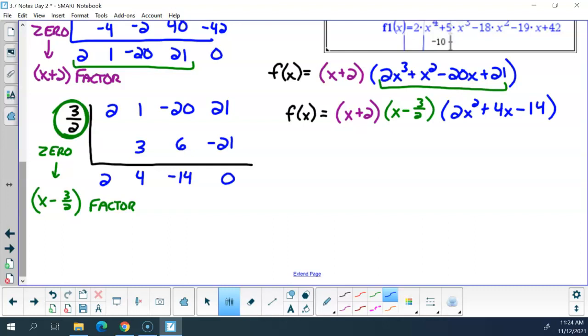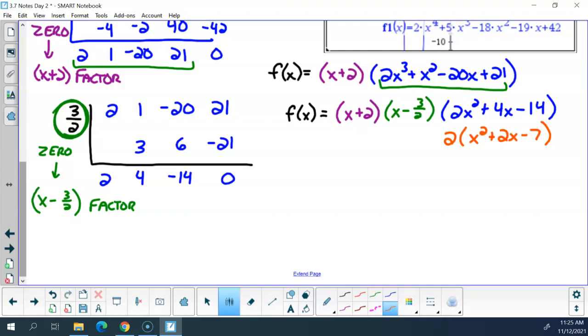Can I do anything with 2x squared plus 4x minus 14? We divided by a linear factor again. Can I do anything with the blue? Take out a 2. Can I do anything with x squared plus 2x minus 7?